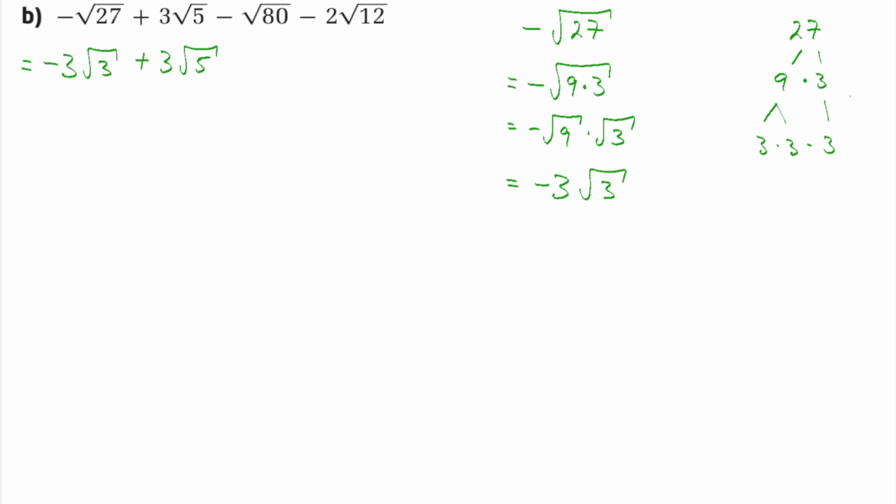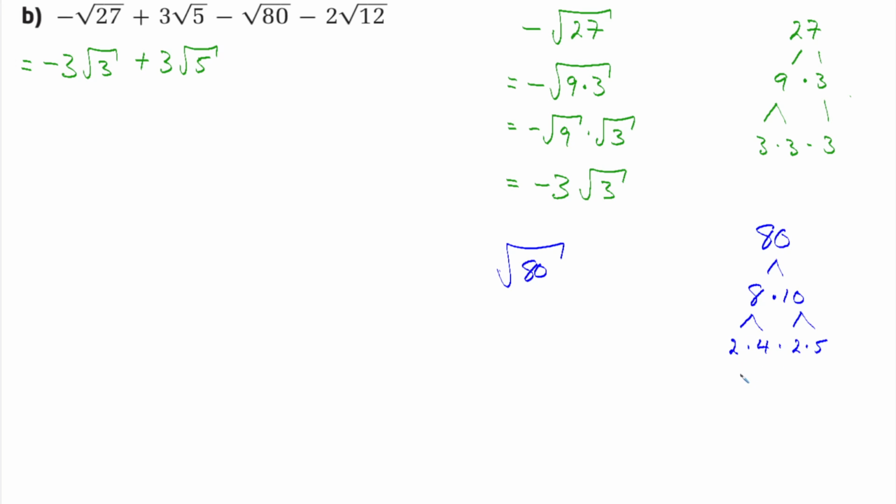So now let's take a look at the 80, or sorry, not 180, the 80. So the square root of 80. Again, factor tree: there are a couple of ways to go about it. I'm going to go 8 times 10. 8 is 2 times 4, and 10 is 2 times 5.